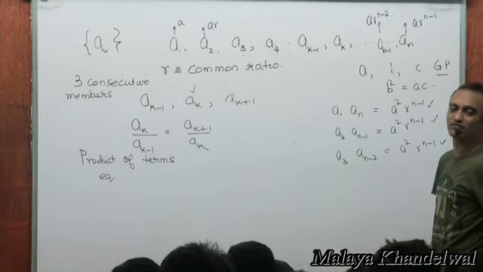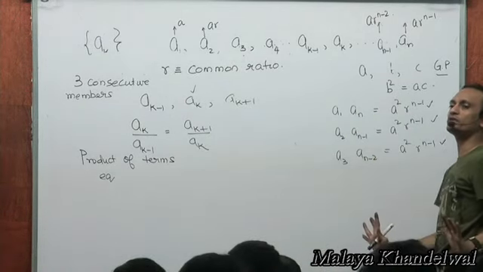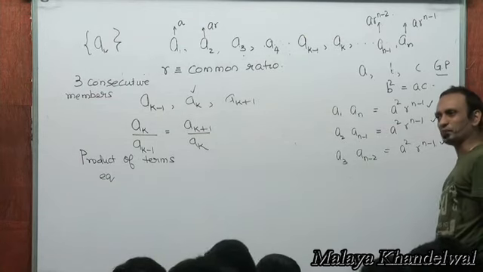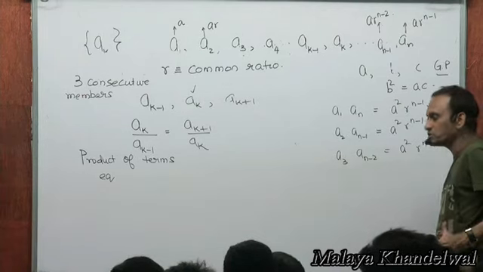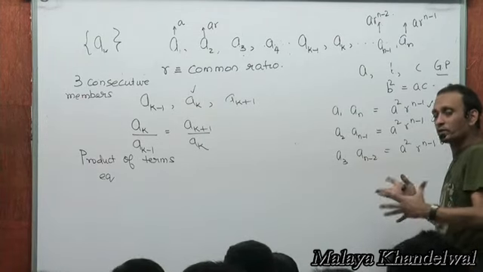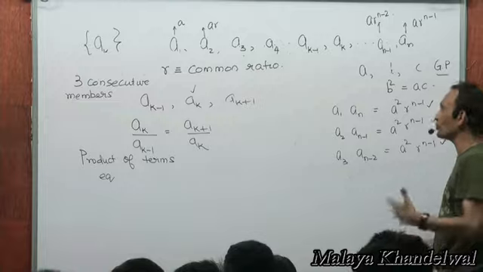Right? To that extent, I have just about given you a bare minimum threshold understanding of AP and GP. Right? But there are more facts about it, all related to this, nothing difficult, but we'll learn them maybe tomorrow.